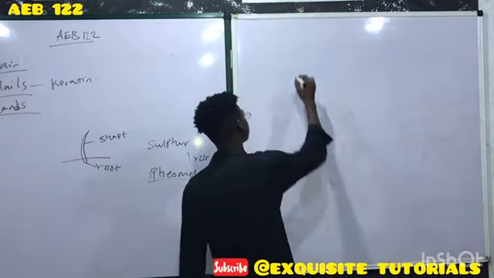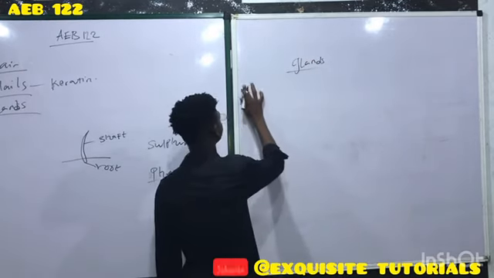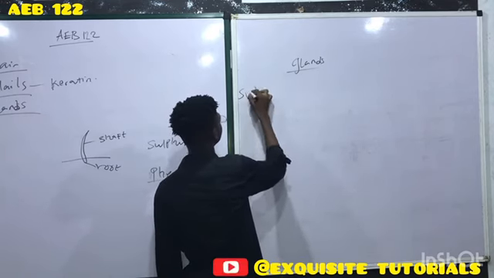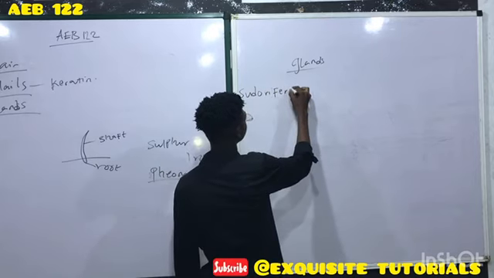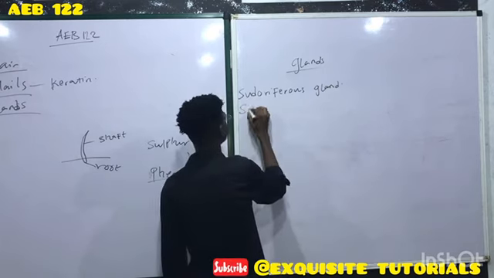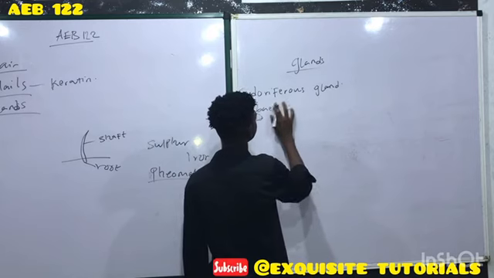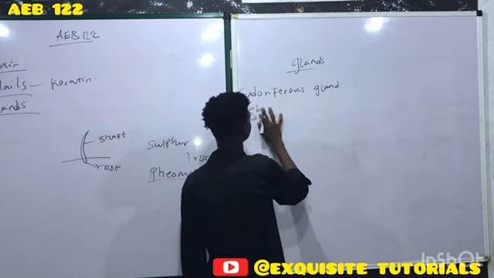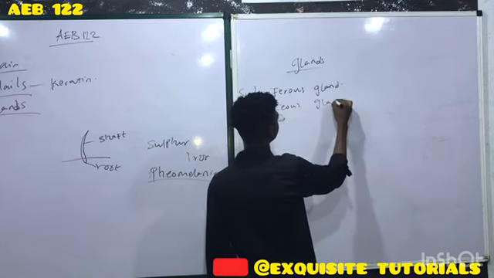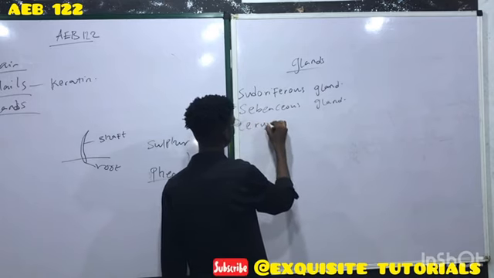Talking about the glands, we are going to list them out first. We have the sudoriferous gland, we have the sebaceous gland, and we have the ceramiferous gland.